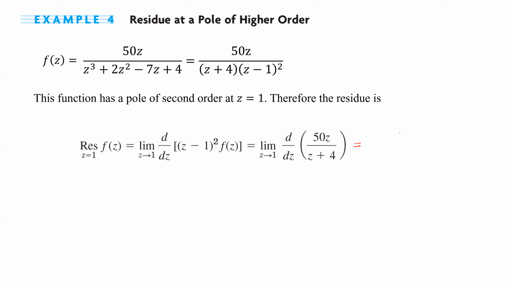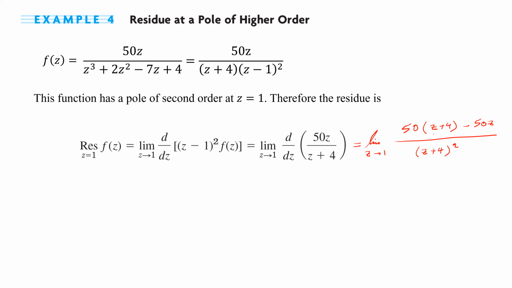So the derivative of that becomes the derivative of the numerator times the denominator, so the limit at z equal to 1 of 50 times z plus 4 minus the derivative of the denominator, which is 1, times the numerator 50z, divided by the denominator squared, z plus 4 squared.